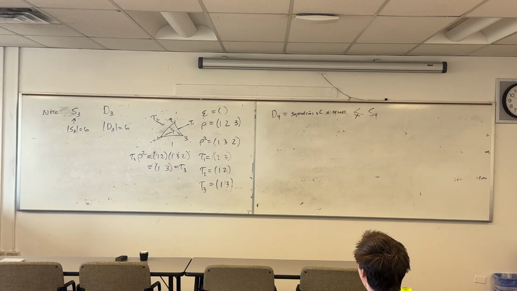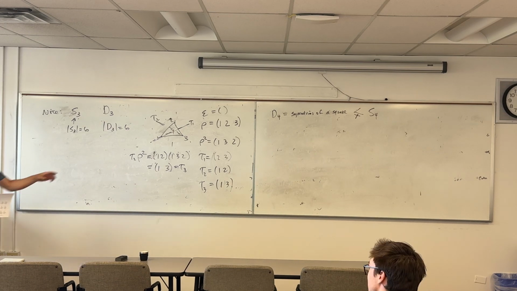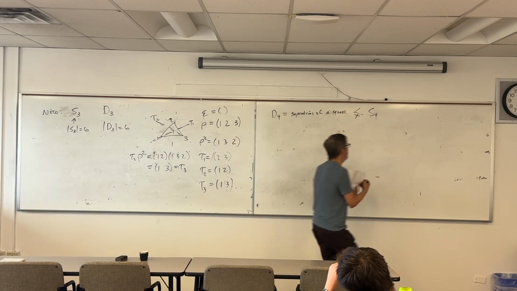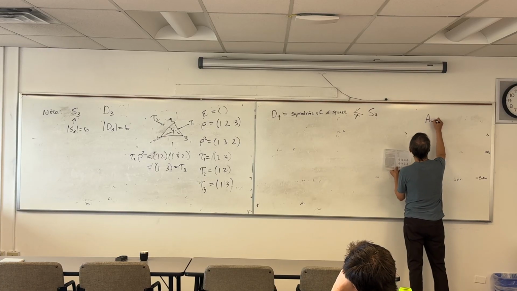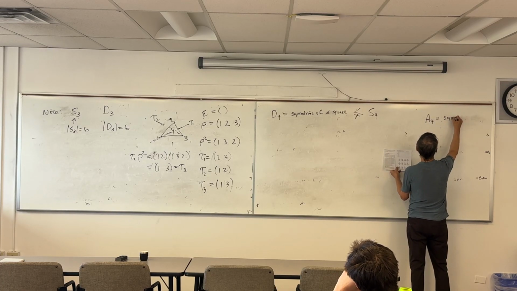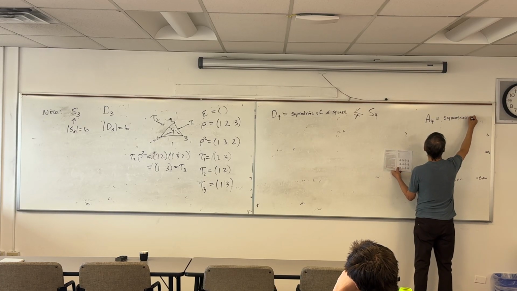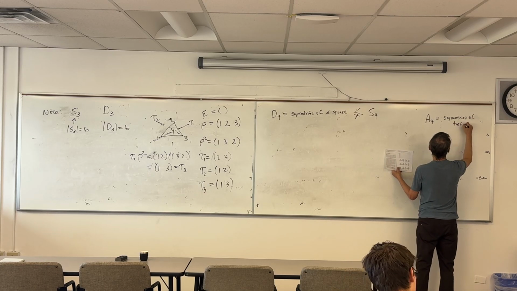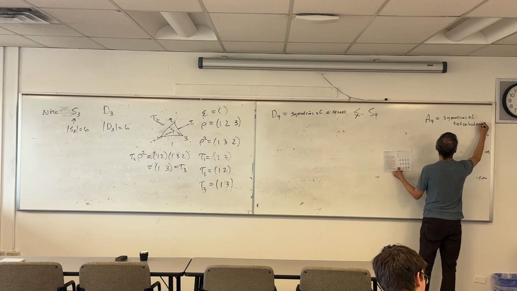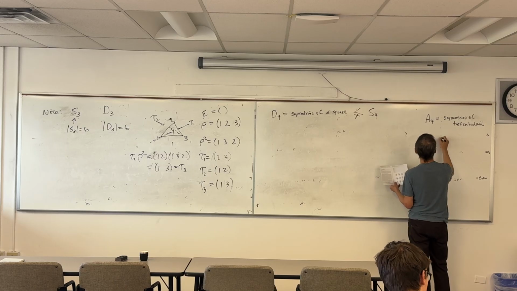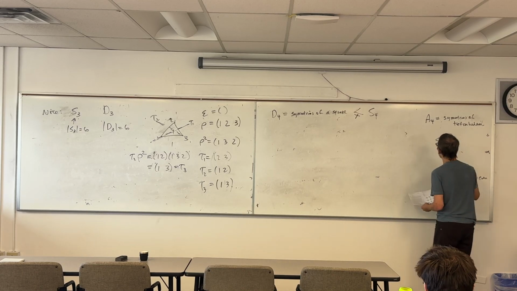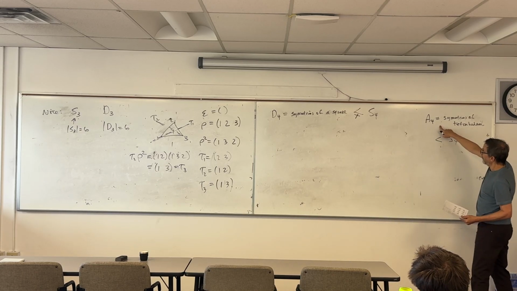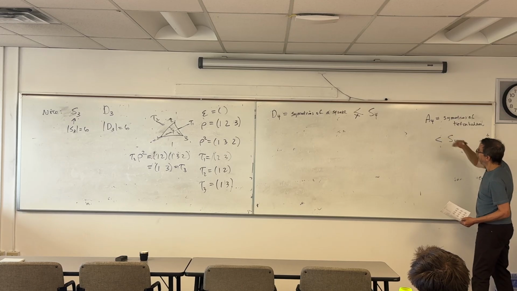This is A4. So here, the group A4 is a different subgroup of S4. So this A4 is equal to the symmetries of a tetrahedron. And that is also a subgroup of S4. It's probably the largest subgroup of S4, I think.